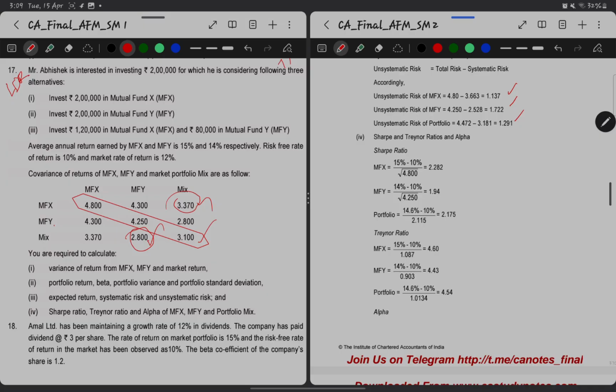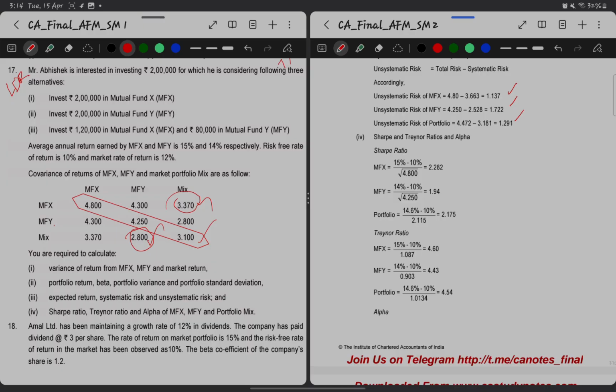Then going to the fourth requirement: Sharpe ratio, Treynor ratio and alpha. Sharpe ratio is nothing but the excess return per unit of total risk.